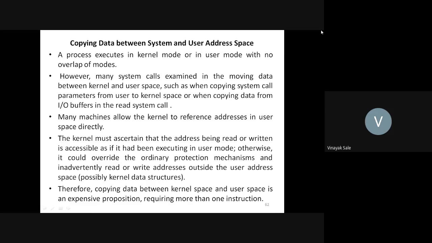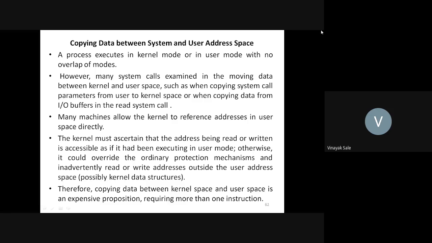However, many system calls involve moving data between kernel and user space, such as when copying system call parameters from user to kernel space, or when copying data from IO buffers in the read system call.